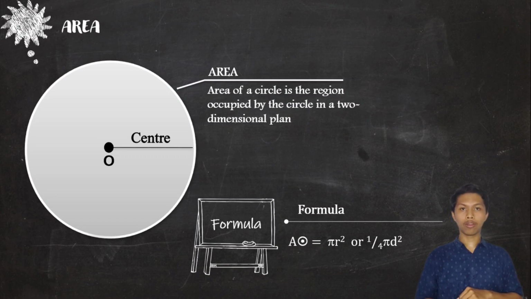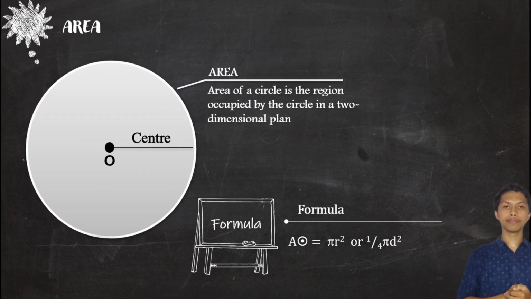The formula for finding the area of a circle is area equals pi times the radius squared. We symbolize the area of the circle as A and R for the radius. Fairly simple formula. This tells us that if we know the radius, we just have to square it and multiply by pi to get the area of a circle.